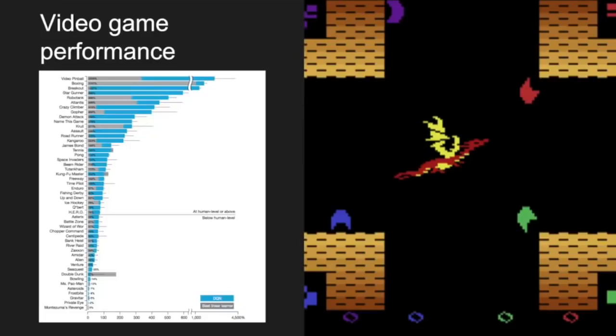Now, here's a really fun example, video game performance. Again, the folks at DeepMind put together a deep Q learning, or deep reinforcement learning, architecture to play video games. We'll talk more about what that is in a second, but what they did is they took 49 classic Atari games and let the algorithm just look at the pixels and make random moves.